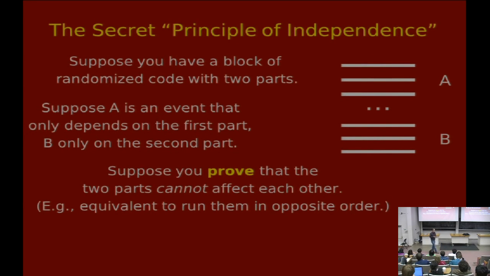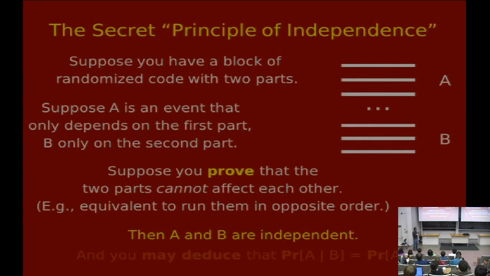That's something you could prove using logic and deduction. For example, you might show that you could run them in either order, it doesn't matter. Then you can deduce that A and B are independent events, and therefore, that probability of A conditioned on B equals probability of A.